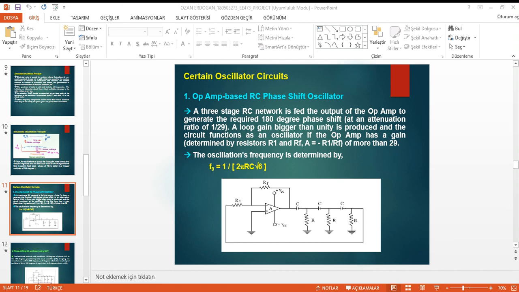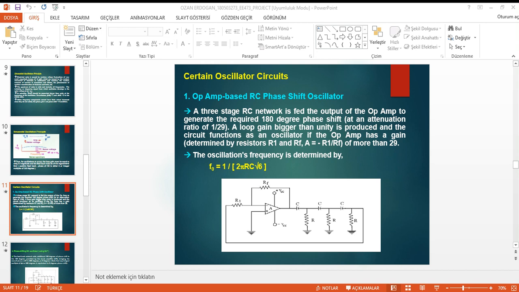This OP-amp is operated in inverting mode, and therefore the output signal of the OP-amp is shifted by 180 degrees to the input signal appearing at the inverting terminal, and an additional 180 degrees phase shift is provided by the RC feedback network, and hence the condition for obtaining the oscillations.